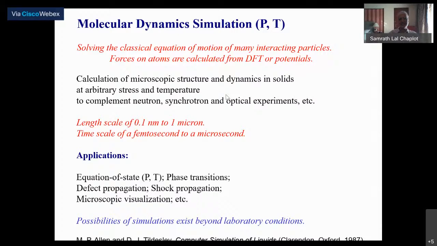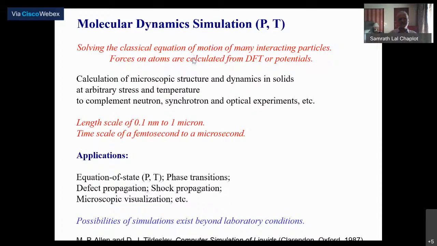It's a very simple technique where you just solve the classical equations of motion of many interacting particles. Literally, these are Newton's equations of motion. So it's a classical technique. Please remember this: the molecular dynamics technique is a classical technique where the atoms are assumed to be point particles.